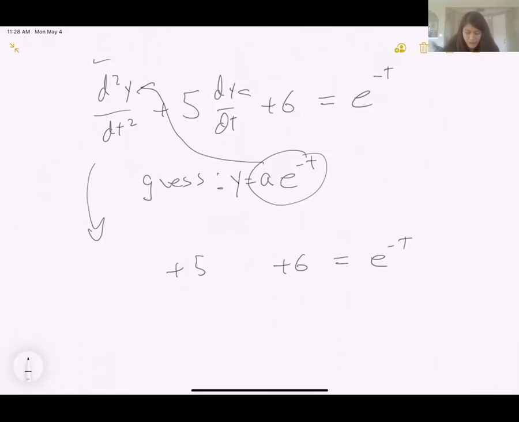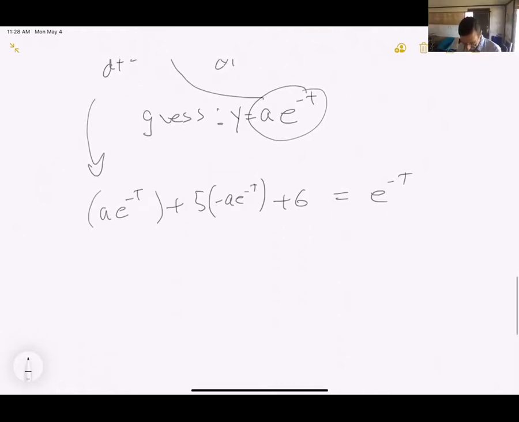Negative A e to the minus t. Good. Now what's the second derivative? What's the derivative of that? A e to the minus t. Good. You just get another negative sign. Perfect.